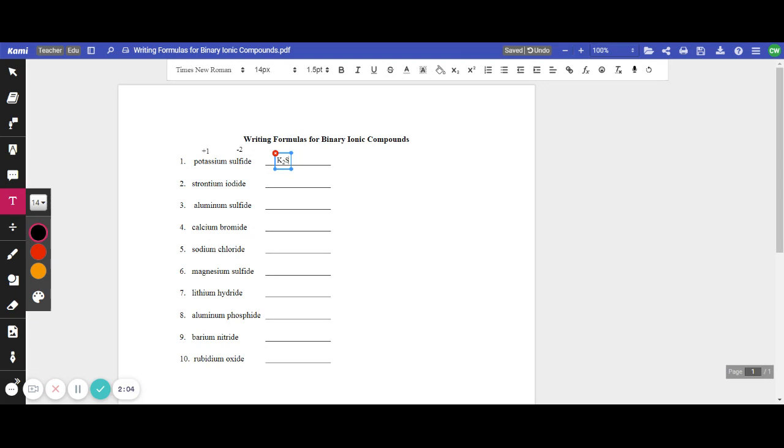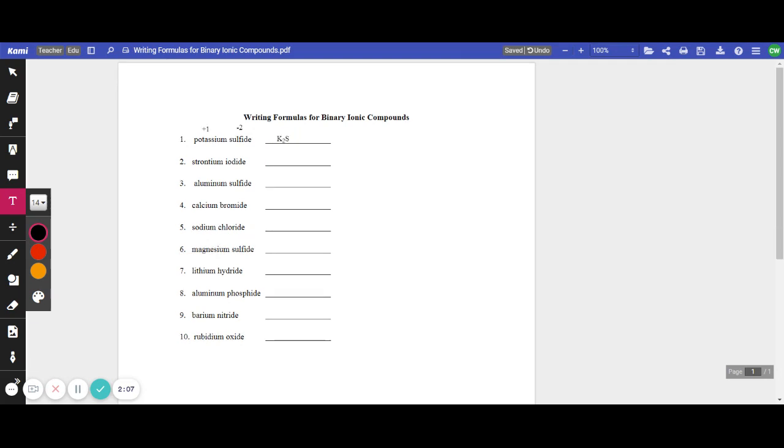All right, so let's try the next one. We've got strontium, which is in group 2, so it has a +2 charge or oxidation number. Iodide is in group 17 and has a -1 oxidation number. So we know that +2 and -1 does not equal 0.